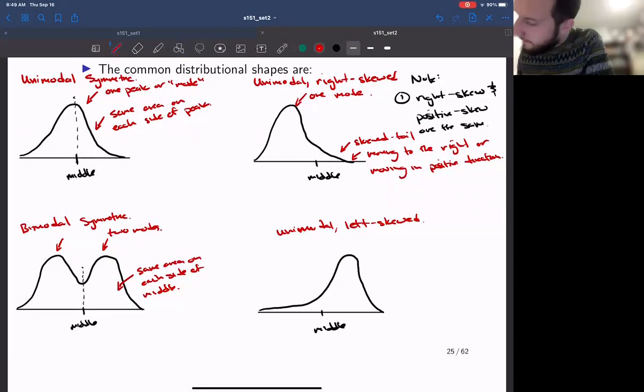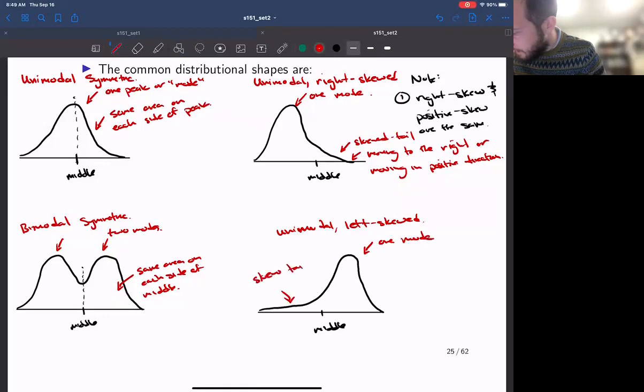All right. And same idea as before. So we have one mode, and then we have skew tail going left. Skew tail to the left, right?